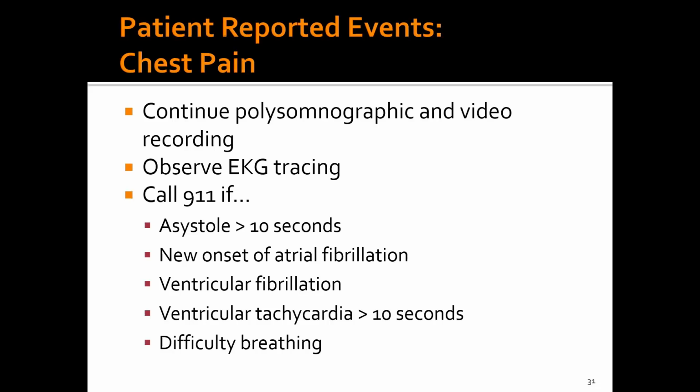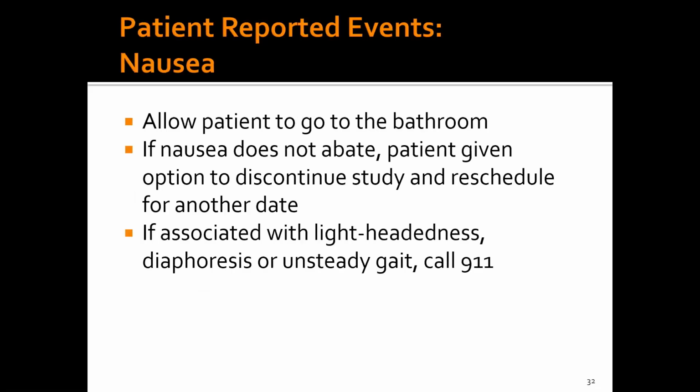A lot of the standard with these things is, if the patient's symptomatic, if they're having difficulty, anything like that, err on the side of caution and have them be seen by medical personnel before continuing the study. Nothing that we're doing is so dire that it has to be done immediately. We cannot delay this test if it means the patient's safety and health. Just take care of them first.